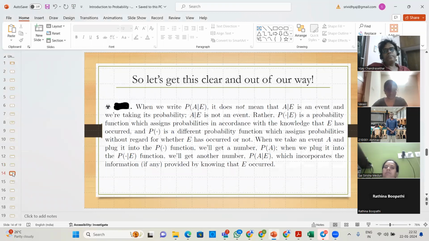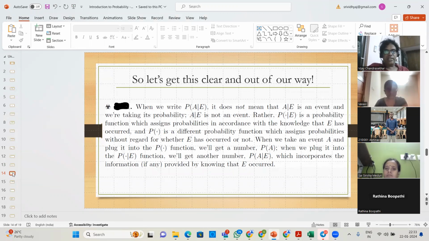we also established that when we say A given E, where E is an event, A is of course an event, we said, look, A given E is not an event. What we're doing here is we are defining what is called a probability function.